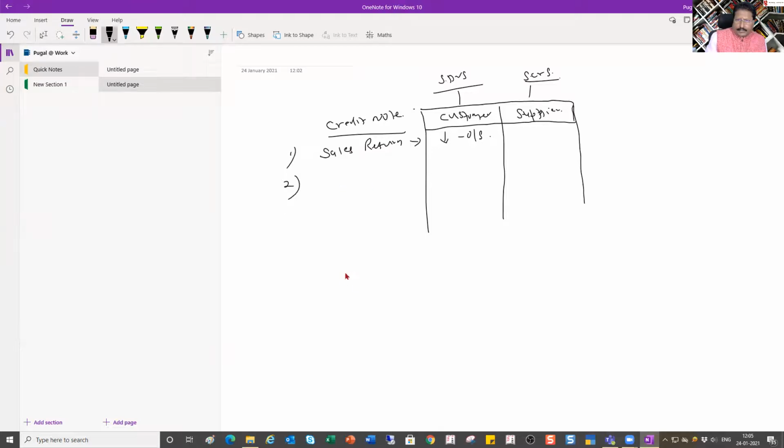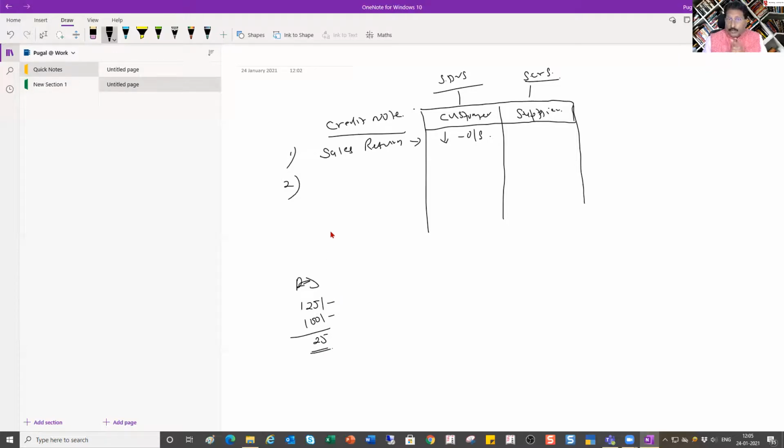You have charged him 125 rupees, whereas you were supposed to charge him 100 rupees. You have charged 25 rupees extra in the customer's account. Now the customer has come back to you saying, hey, listen, we had discussed that you're going to supply at the rate of 100 rupees, but your sales invoice says it is 125 rupees.